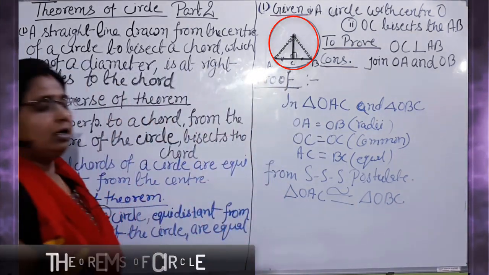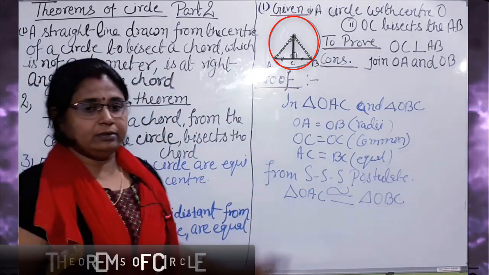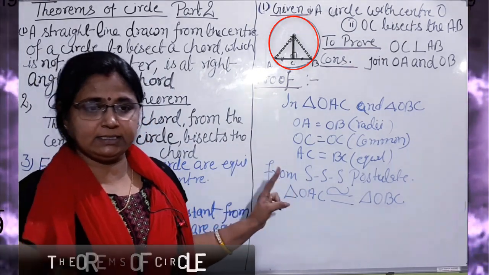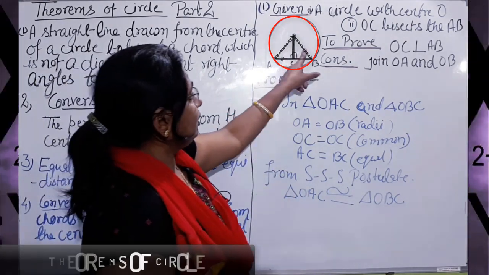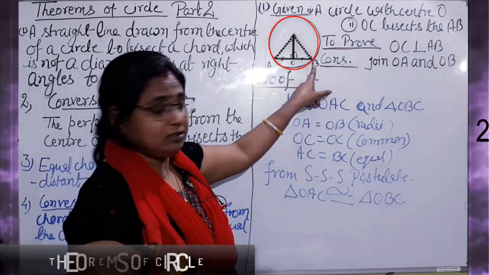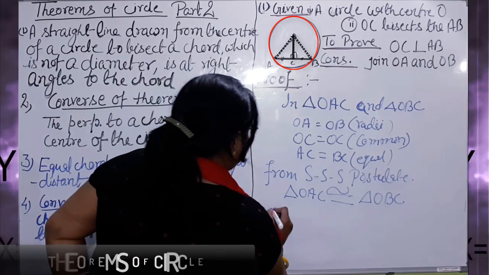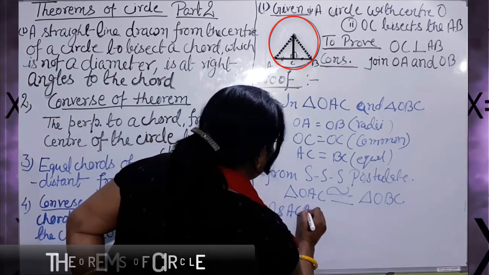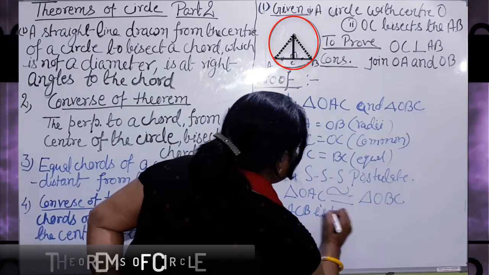Both are congruent by SSS, and ACB is a straight line.